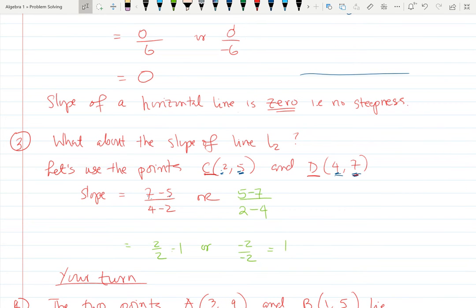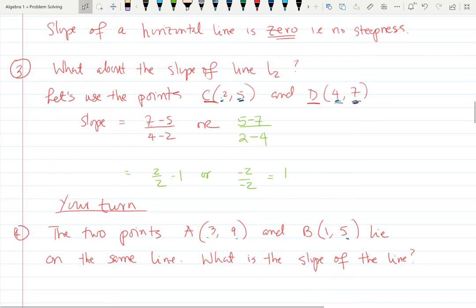Follow the same concept to find the slope of line L2. We subtract the Y's first, 7 minus 5, then divide by this X minus this X, 4 minus 2.